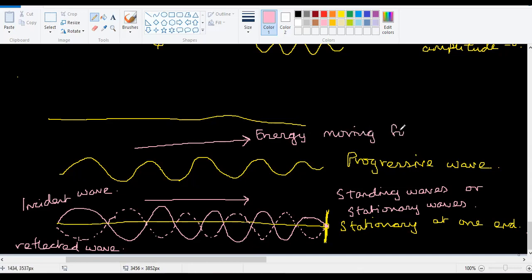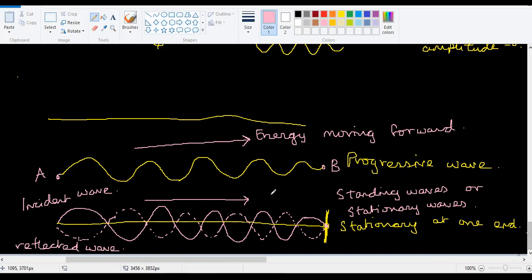I told you a very important sentence at the very beginning of waves: a wave is nothing but an energy transfer mechanism. So the energy from this point A is transferred to B, and that is what we mean by wave. The energy from the sun is reaching us even though it is millions of kilometers away. So that's what is called energy moving forward.